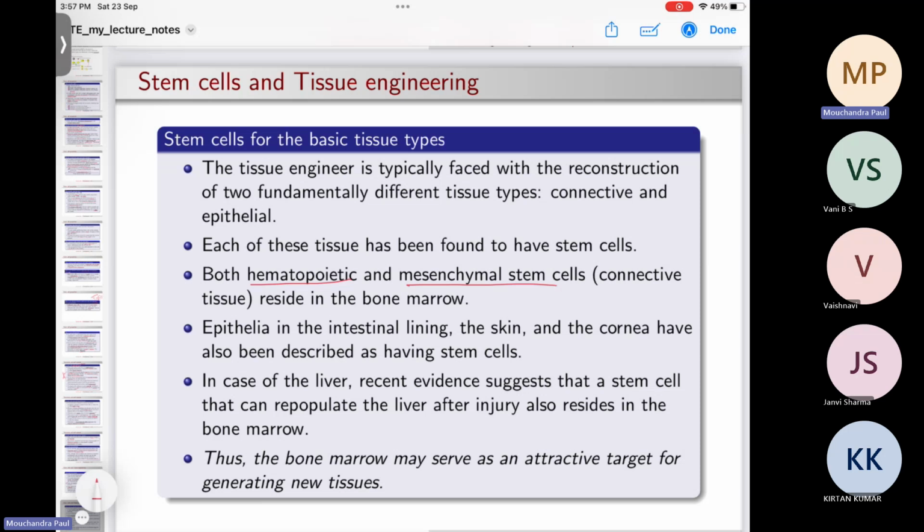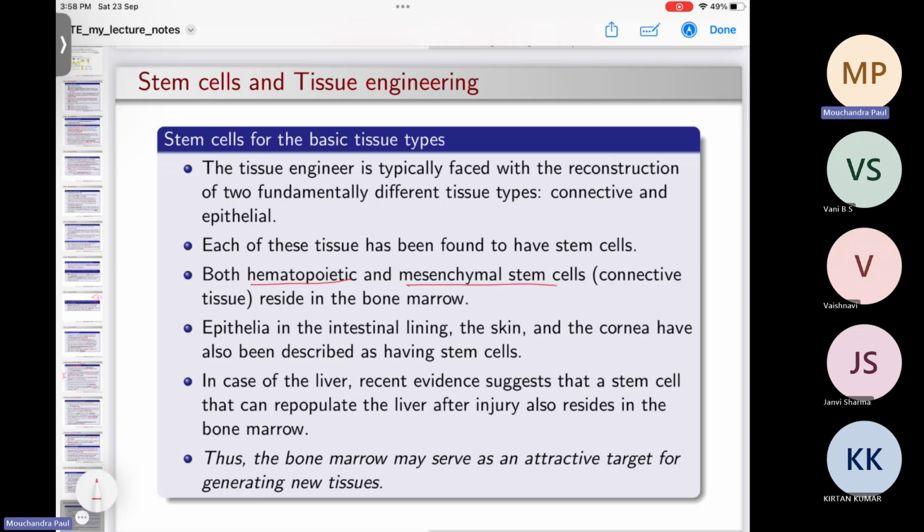And for epithelial tissue types, people are starting to discover the stem cell population that is present in those epithelial tissues. Okay, so first we have to isolate those epithelial tissue stem cells, and then do the same process.